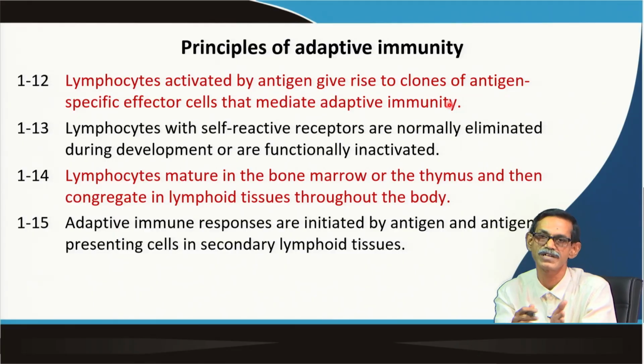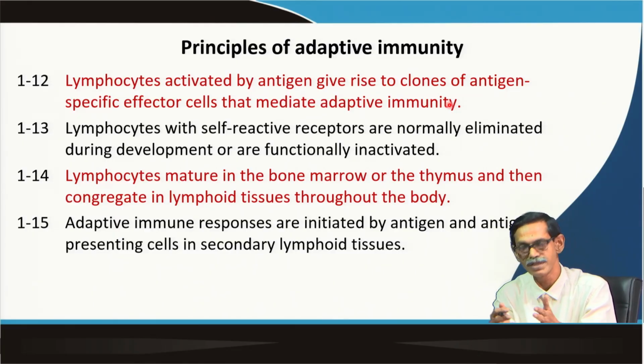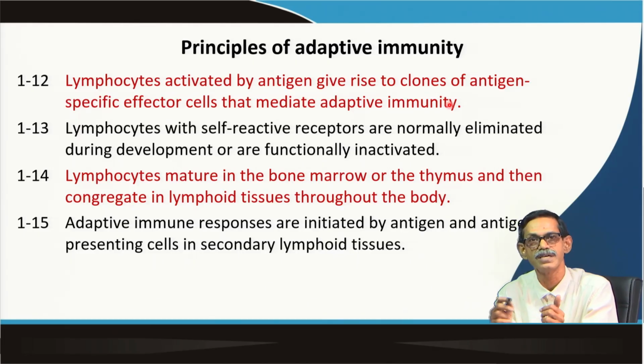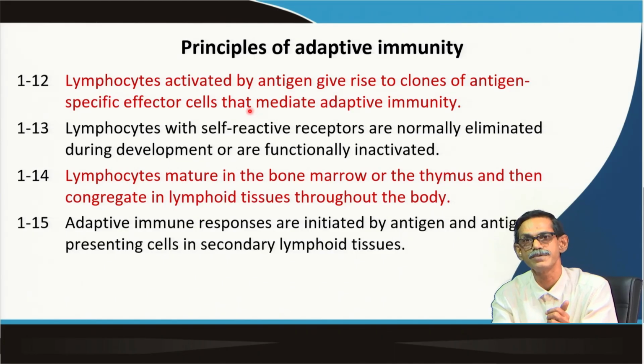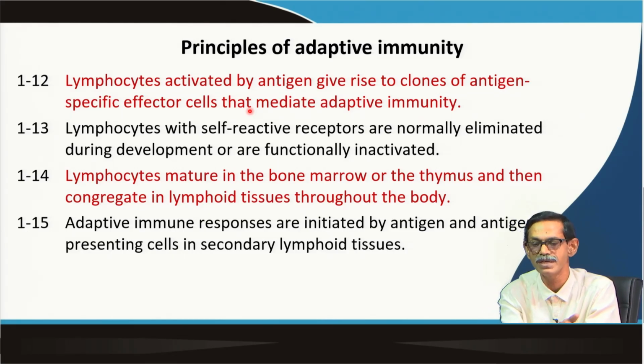It is not like resting cells, or cells with no interaction, so all other B or T cells are slightly different. They are converted to effector cells. These effector cells mediate adaptive immunity. So, what we see, the final protection from the immune system is actually mediated by the activated clones of antigen-specific effector cells.